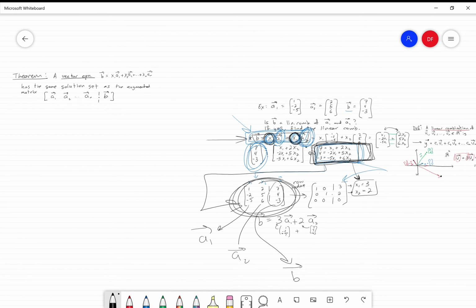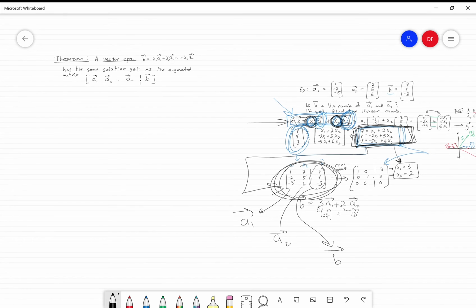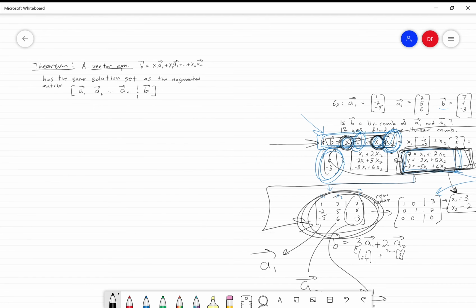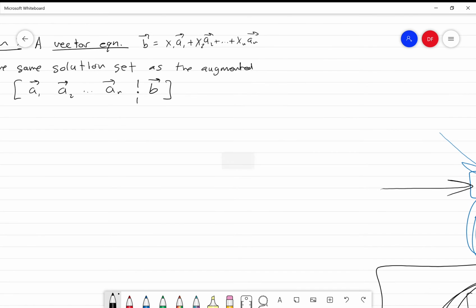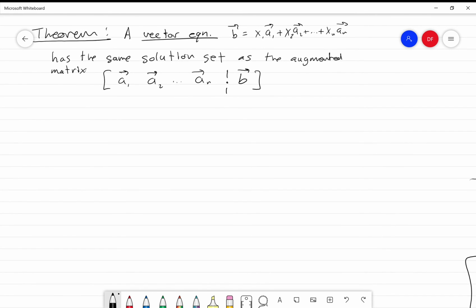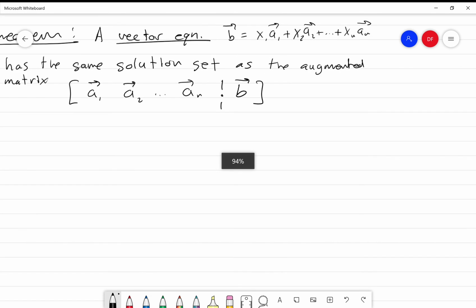Okay? So the proof for this theorem is something similar to this algebraic argument I presented here.